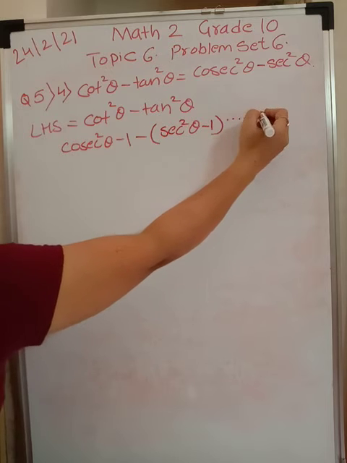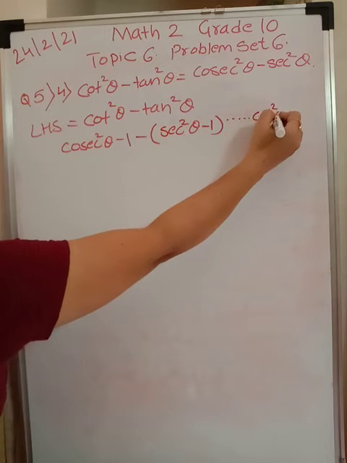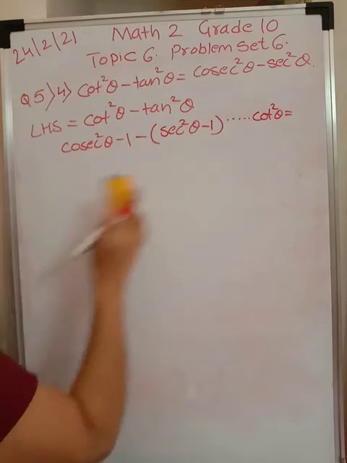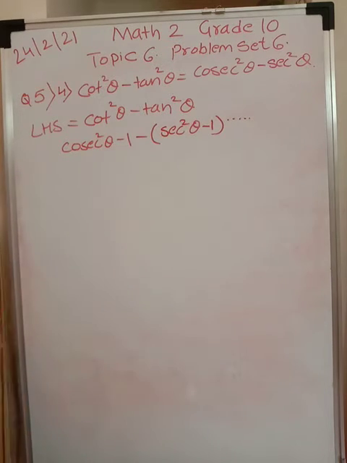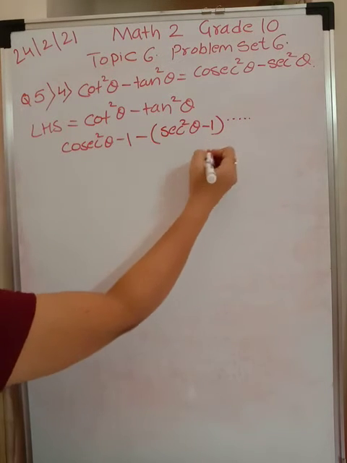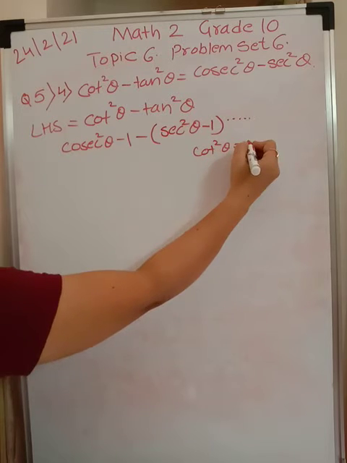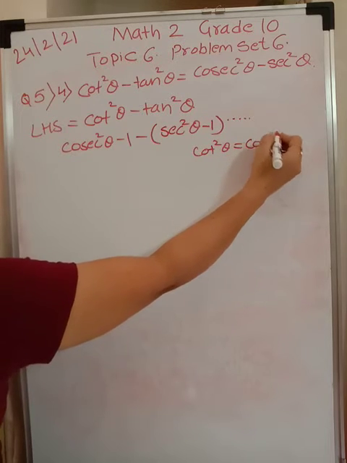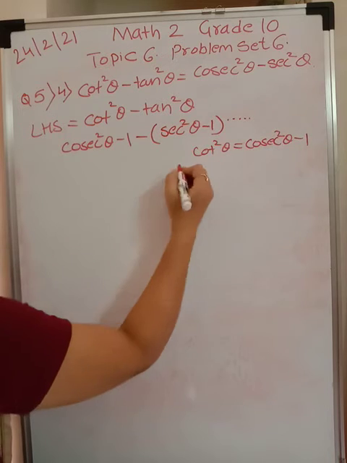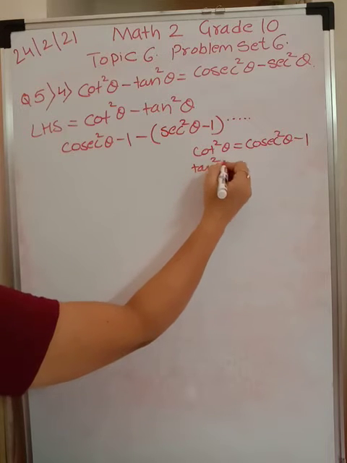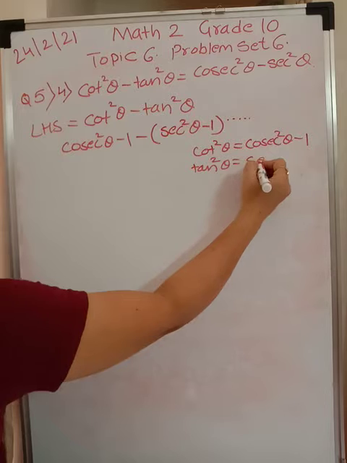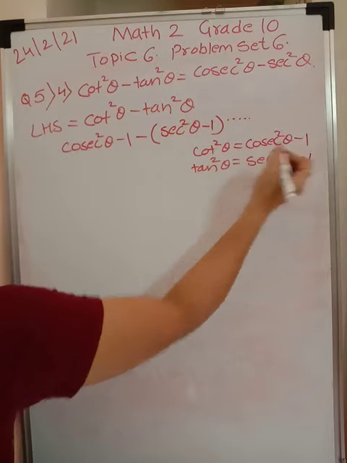Reason for it is, I'll write below, I don't have place. So the reason is cot square theta is equal to cosec square theta minus 1 and tan square theta is equal to sec square theta minus 1.